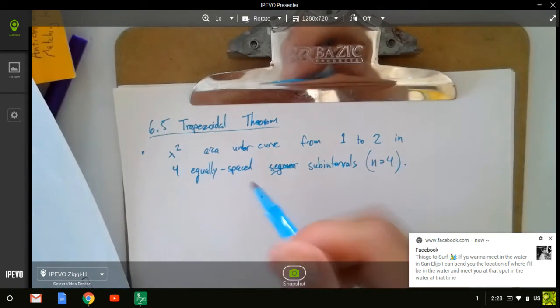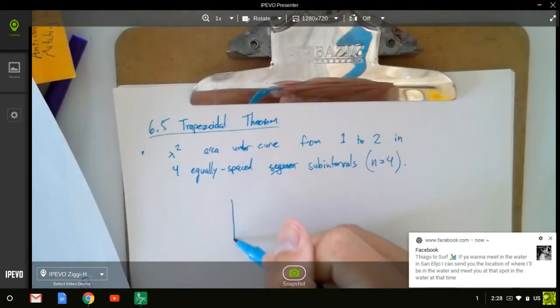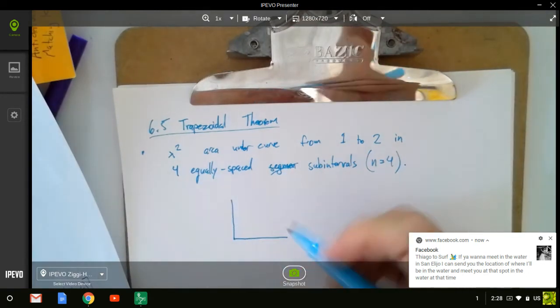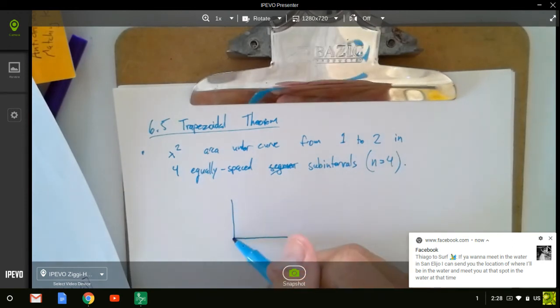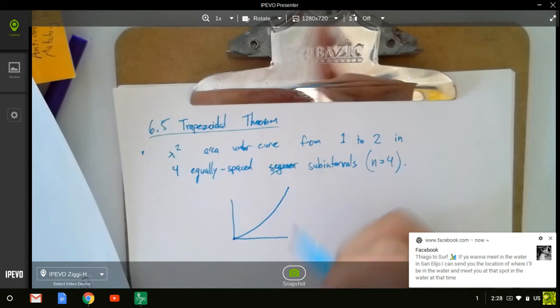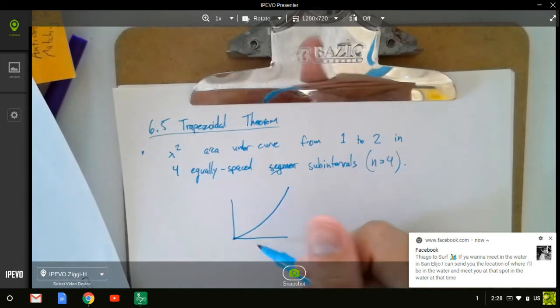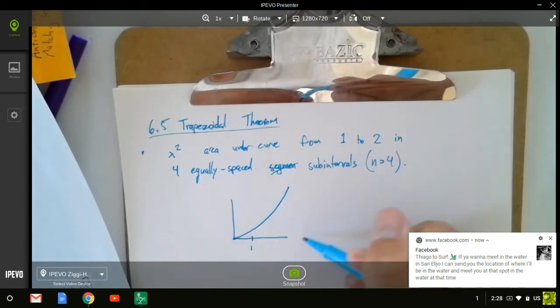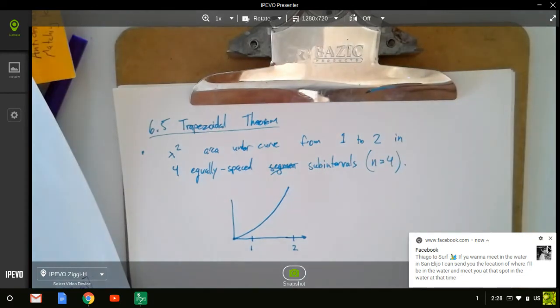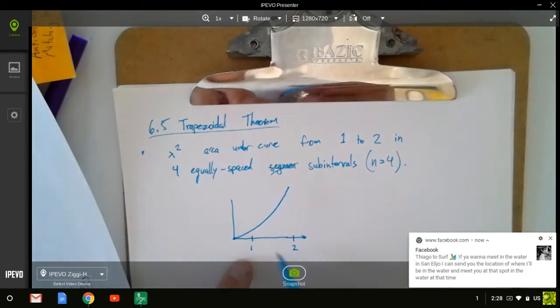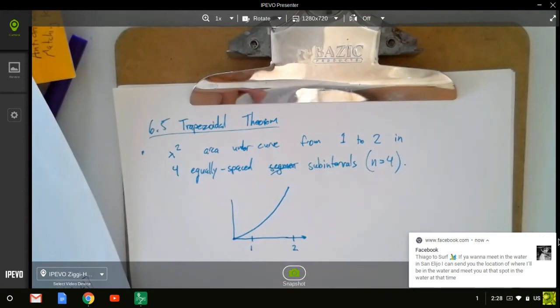So I'll just draw you what it should look like. Here's where it is, from 1 to 2. And then you would have to break it into 4 different parts equally between 1 and 2.